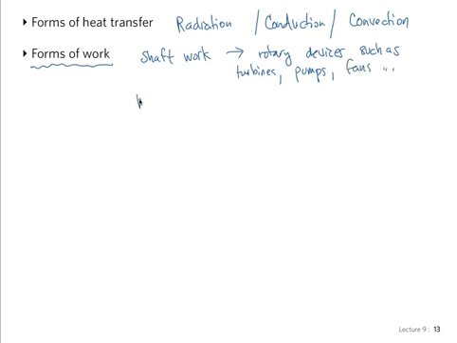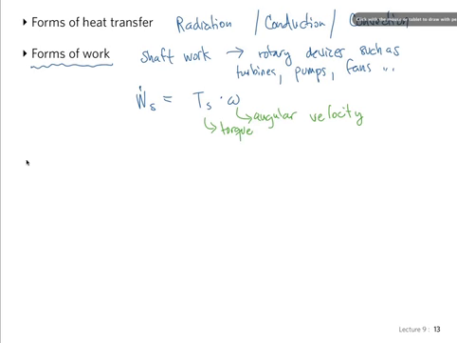The work in those cases is equal to the torque at the shaft times the angular velocity of the axis or shaft of the turbine or pump, and this is torque. That's going to be our measure of work in that case.